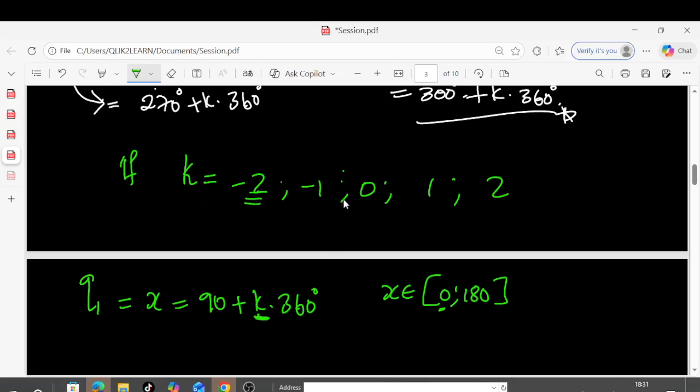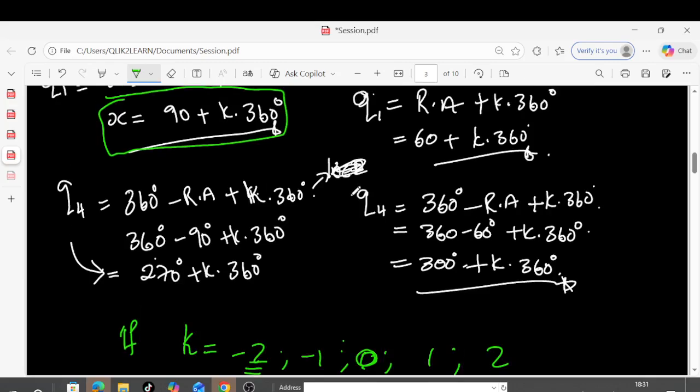The best thing I can do: if I substitute 0, this will be 90 plus 0, so x is just 90. I accept 90 because it's between 0 and 180. Then I move to another one. If we put 0 here, this one won't work, so we leave it like that.